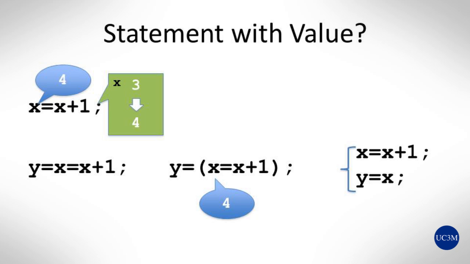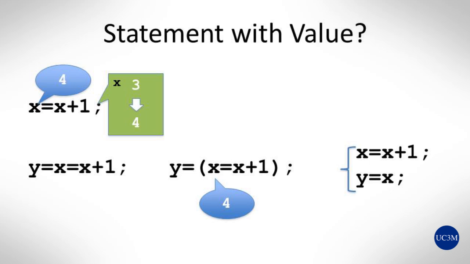However, once we have understood the difference of these two concepts, nothing prevents us from giving a value to a statement. And if we give to this assignment statement the final value of the variable, we can do interesting things. Like what you can see on the bottom line. You should start reading from the right.